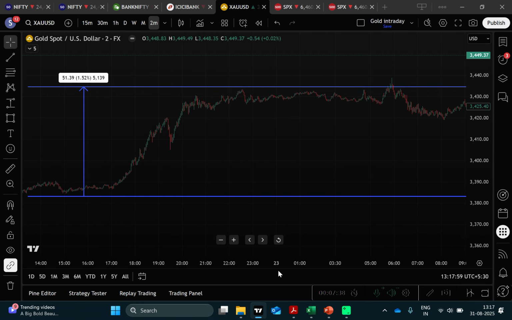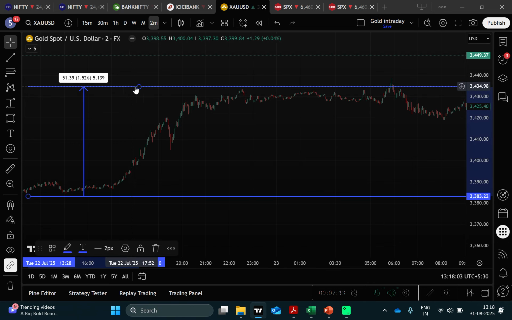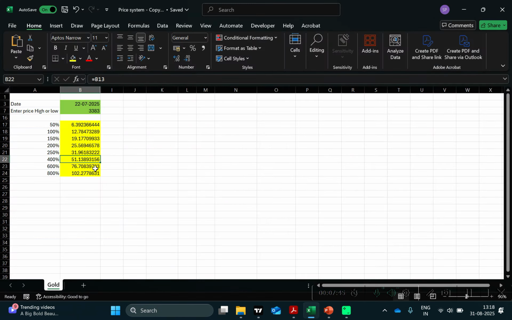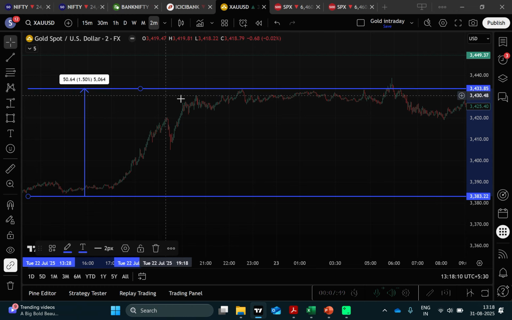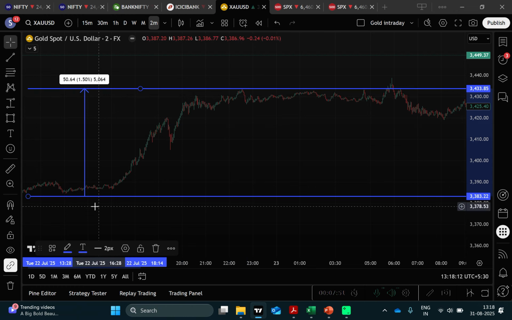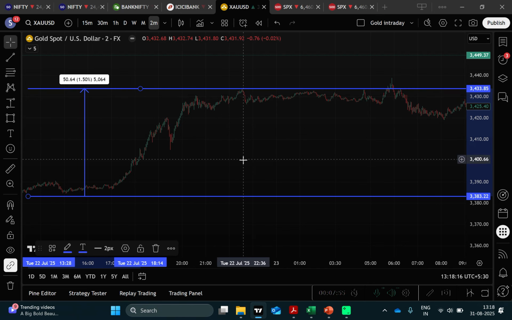This is the 23rd, and the 23rd starts from here. So we were expecting 51.13 and we got 50.64 as the range for that day. Very close, okay?